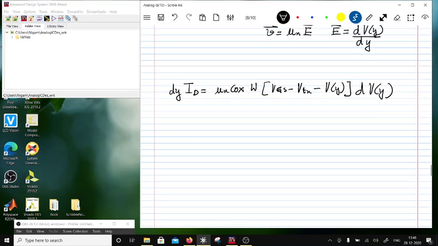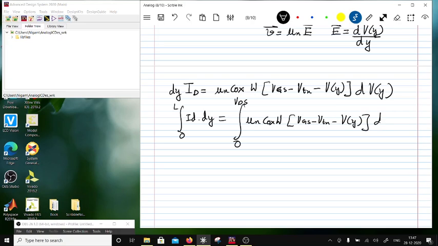Now if I integrate this from 0 to L, Id times dy is going to be the integration from 0 to VDS of mu n Cox W times (VGS minus VTn minus Vy) times dVy.